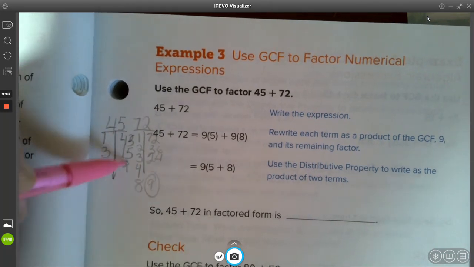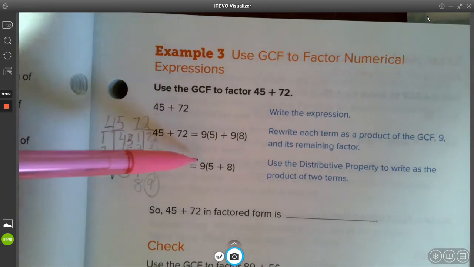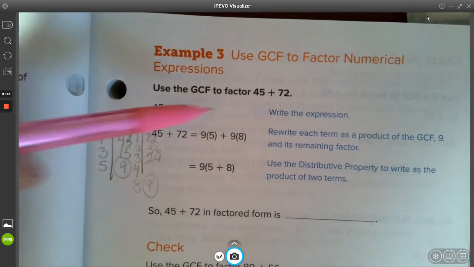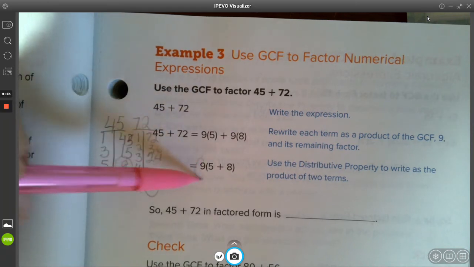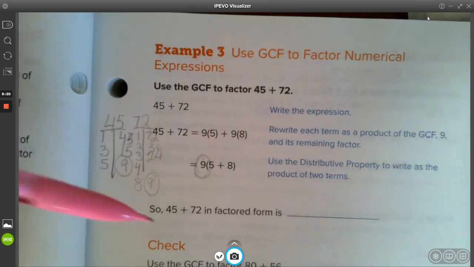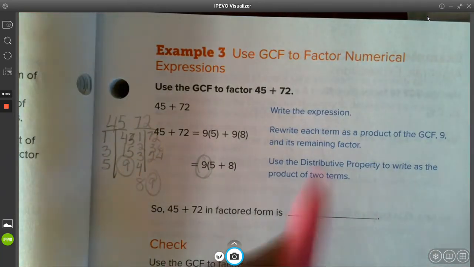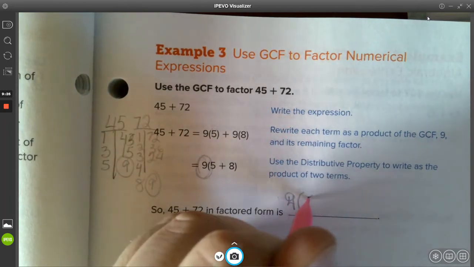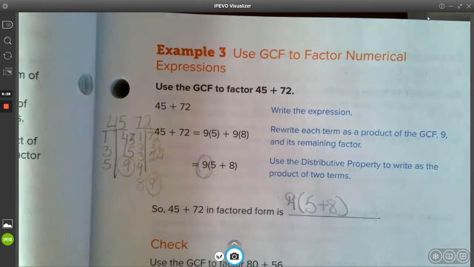So we would know that our greatest common factor here would then be 9. So that's what we pull out. 9 times 5 is 45. 9 times 8 is 72. So we put the 9 on the outside of the parentheses and have 5 plus 8. So when we factored this problem, we would have 9 times 5 plus 8.